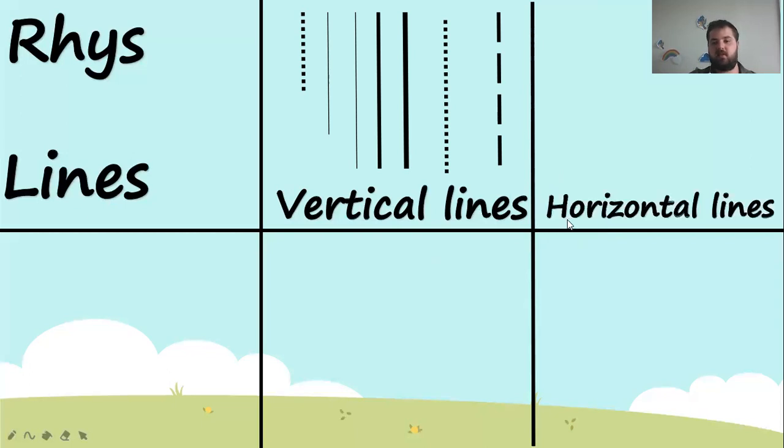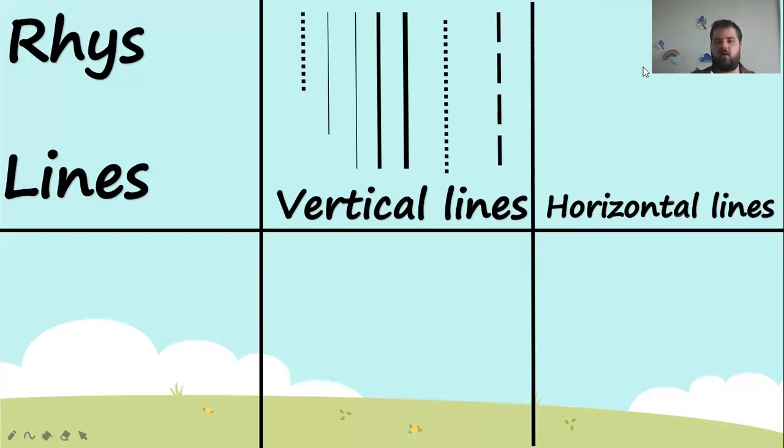Our next one is horizontal lines. Let's spell it. H-O-R-I-Z-O-N-T-A-L, horizontal lines. Lines is L-I-N-E-S.